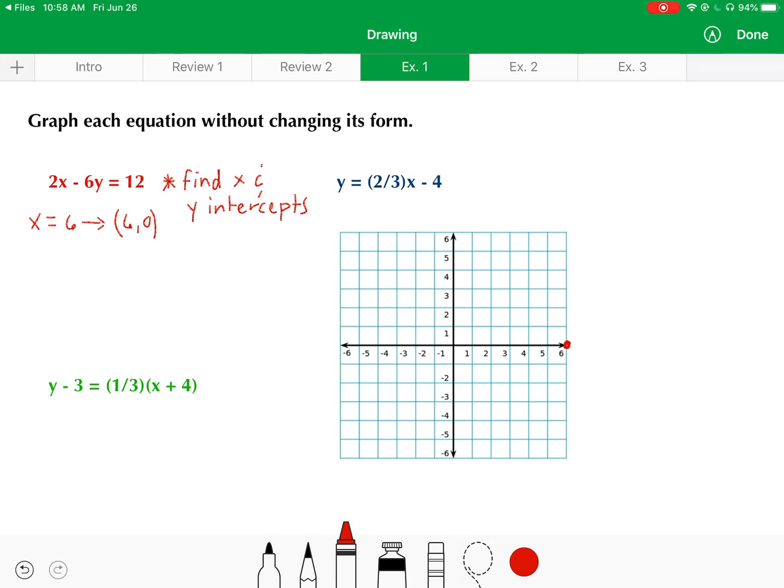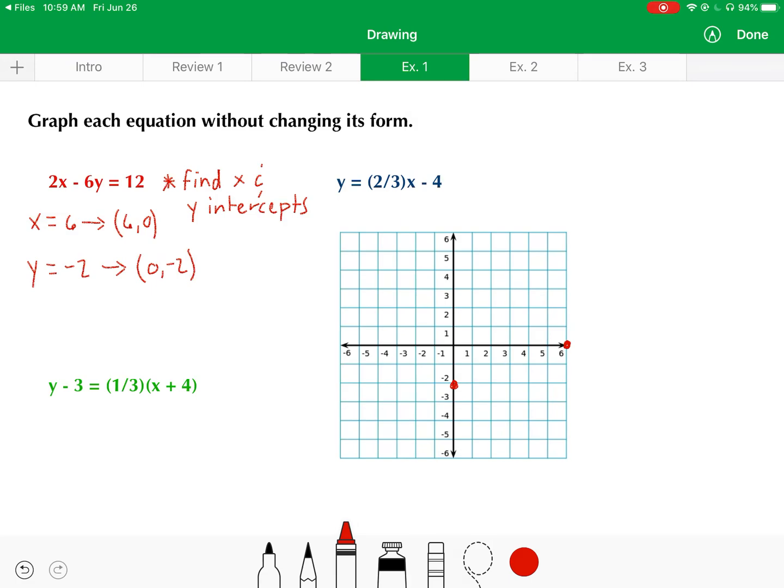If I want the y-intercept, I'll plug in 0 for x in the equation. That's going to nullify the 2. Solving for y, 12 divided by -6 gives me a y value of -2. So this is the point (0, -2). Go ahead and plot it. And 2 points is all you need to make a line.